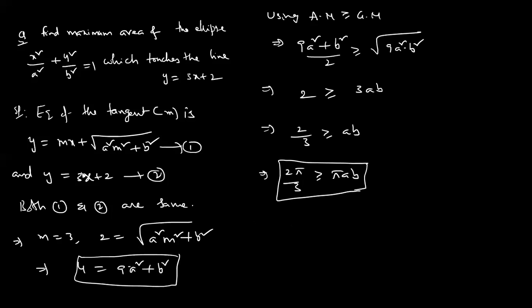Now, the maximum area is how much? Maximum area is 2 pi by 3. That is the answer. Maximum area of the ellipse is, you should write like this only, 2 pi by 3.